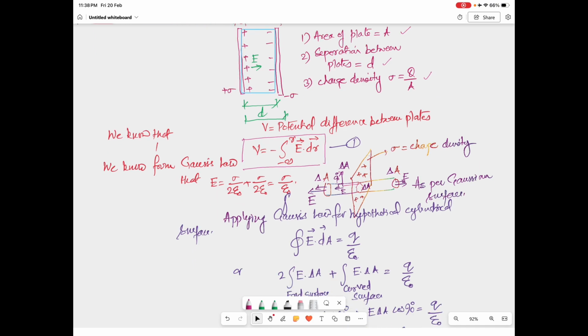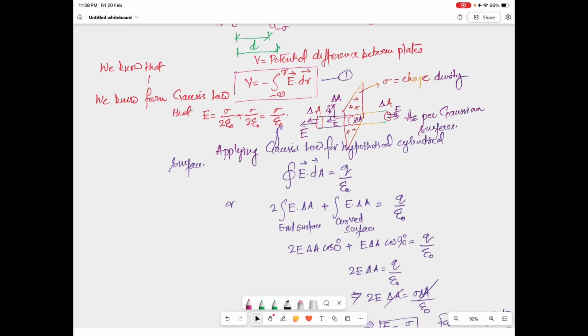So by using Gauss's law, the integral of E dot dA is equal to q upon epsilon naught. Q, I will keep on repeating, is the enclosed charge in the hypothetical surface, and we are always taking into account closed surfaces. So 2 times E delta A for the two end surfaces, and for the curved surface, is q upon epsilon naught.